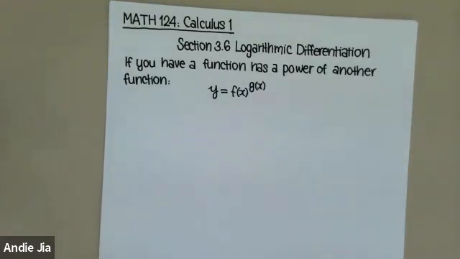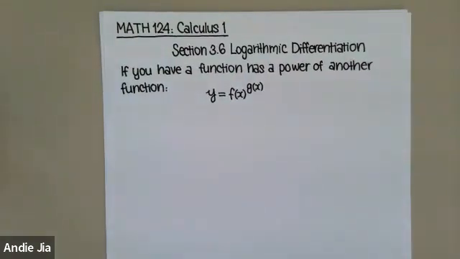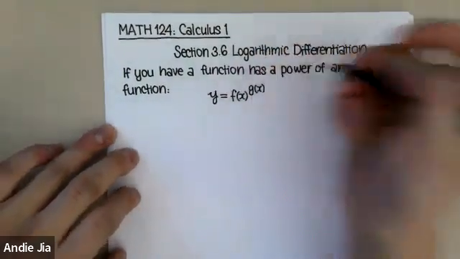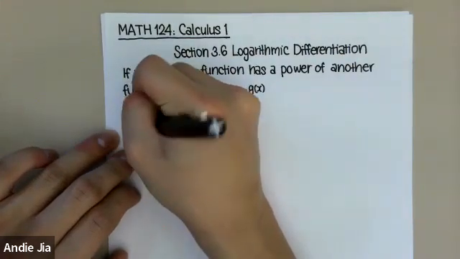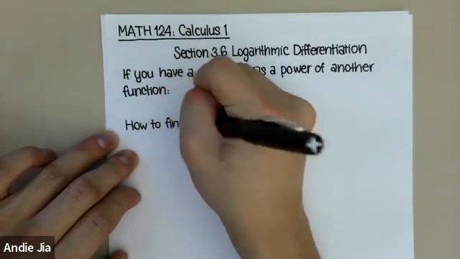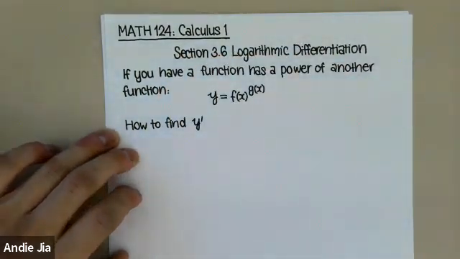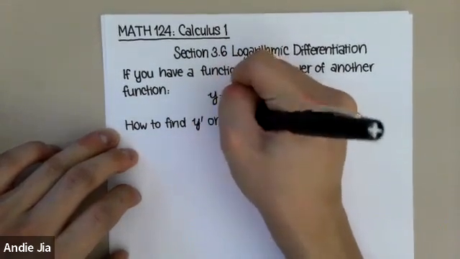In this case, the chain rule doesn't work. So you need to write the natural log of y. So how do we find y prime, or dy/dx?